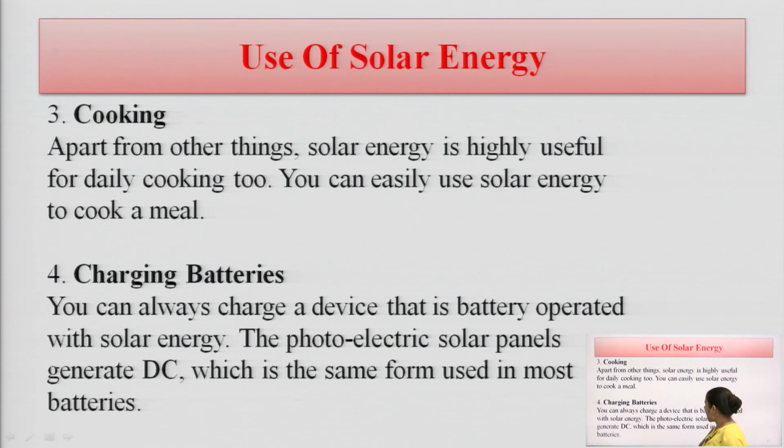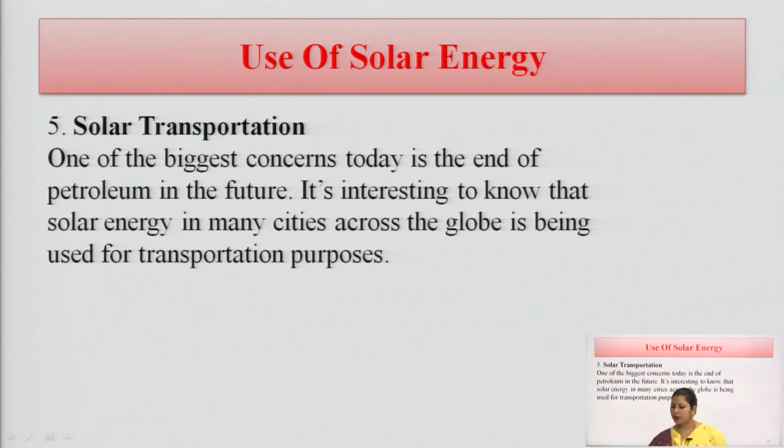We can also charge a battery-operated device with solar energy, and the photoelectric solar panels generate DC, direct current, which is the same form which is used in most of the batteries. Solar transportation. One of the biggest concerns today is the end of petroleum in future.